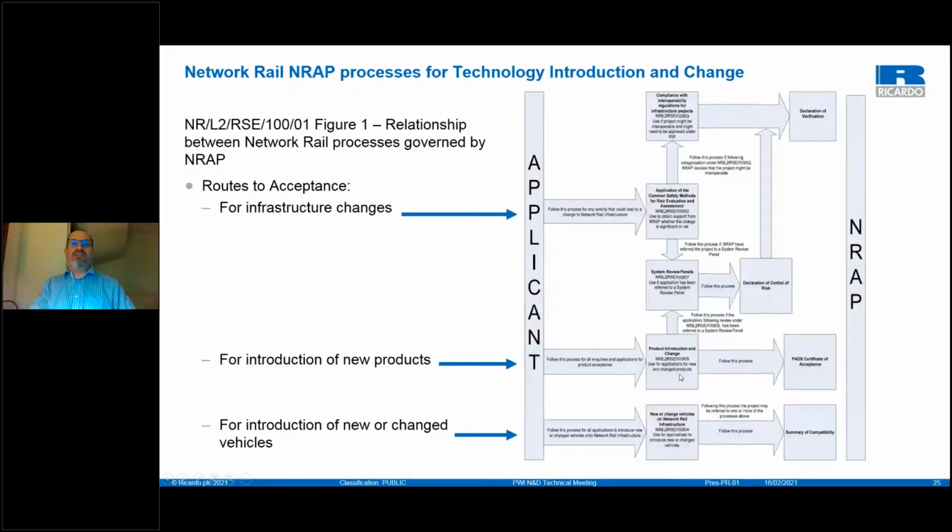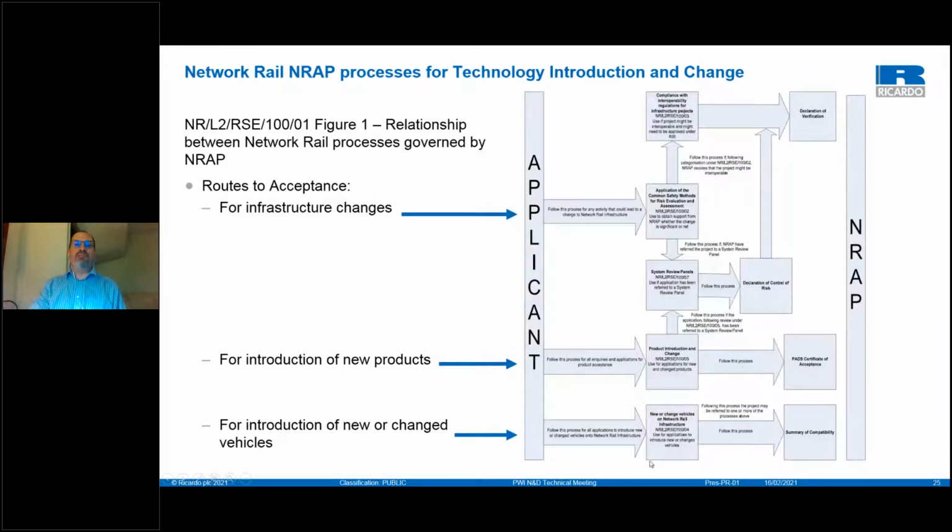Introduction of new products, yes, it's very similar insofar as you follow the process defined in 05, and ultimately you get a certificate of acceptance, which is then authorised by NRAP. And very similar with vehicle changes or new vehicles.